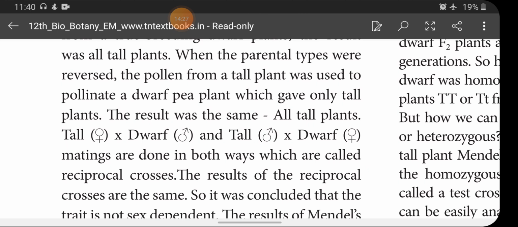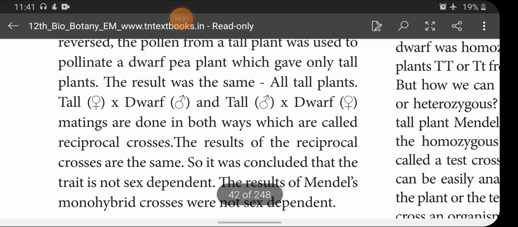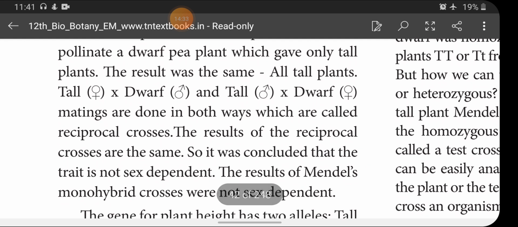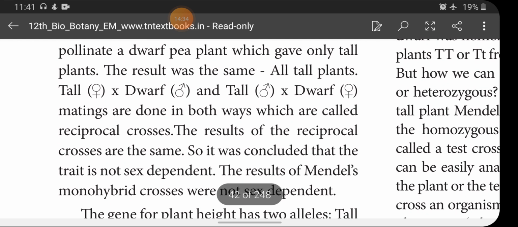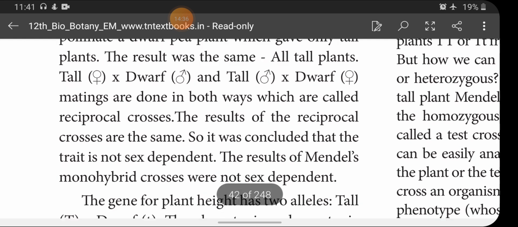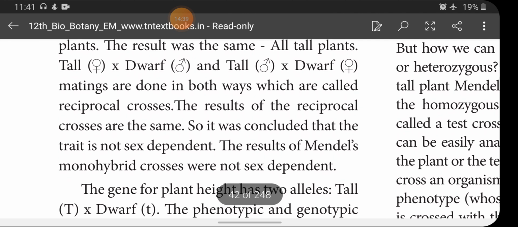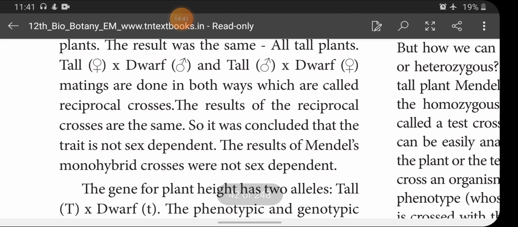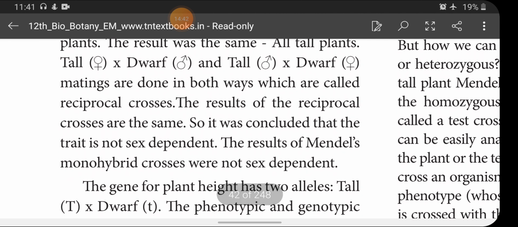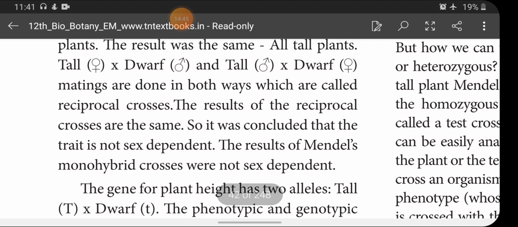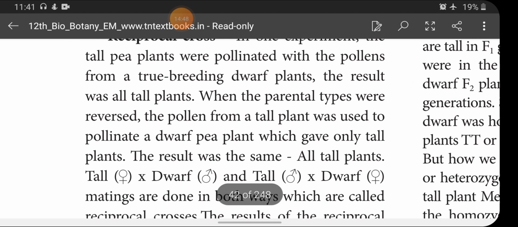That is, tall-dwarf and dwarf-tall matings are done in both ways, which are called reciprocal crosses. The results of the reciprocal crosses are the same. So it was concluded that the trait is not sex dependent. The results of Mendel's monohybrid cross were not sex dependent. Please underline it.